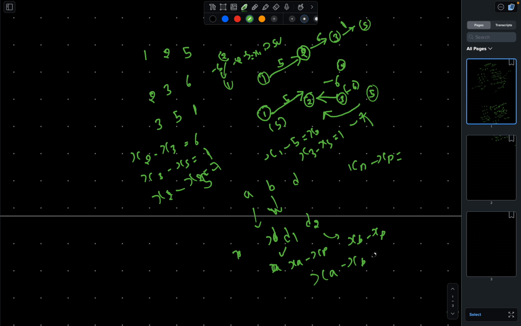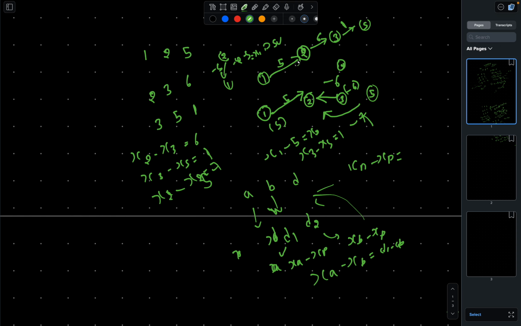So xa minus xb would be d1 minus d2. Now we compare this with d, and if this is equal then it's fine. If this is not equal, then it's an invalid query, or a query which is inconsistent with the previous data given, so we disregard this query.